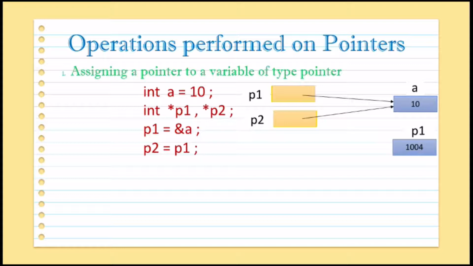So even p2 will hold the value 1004. So this line, p2 equal to p1, is called assigning a pointer to a pointer variable, that is, we have assigned one pointer variable to another pointer variable. So if you see, both pointer variables, p1 and p2, are holding the address of variable a. Thus two or more pointers can point to the same memory location.